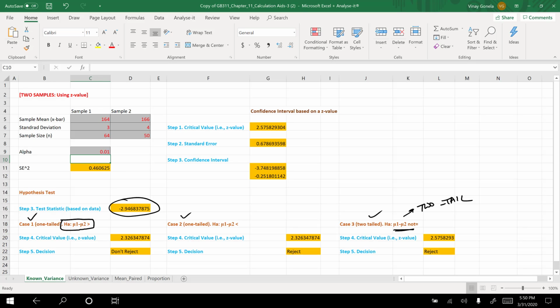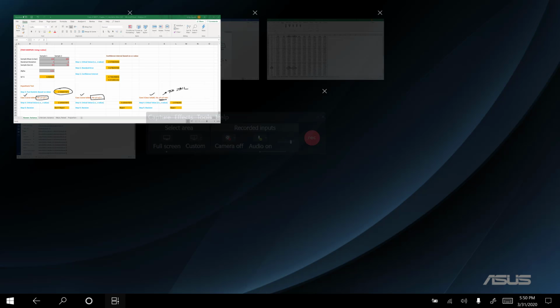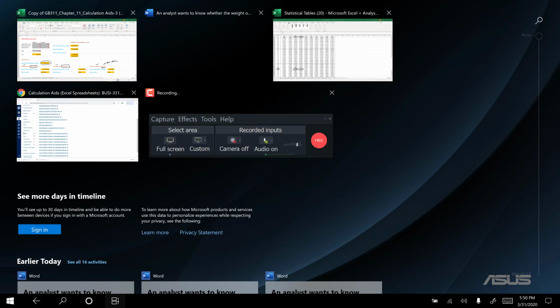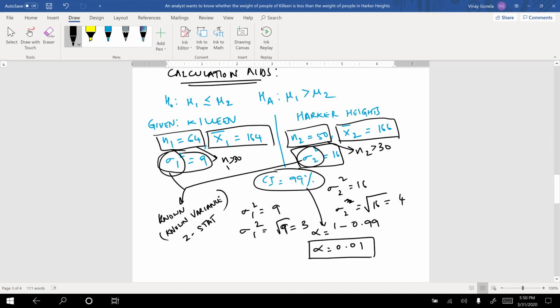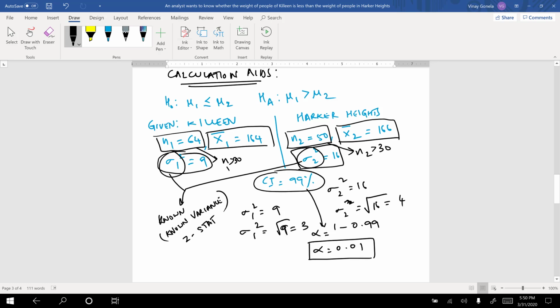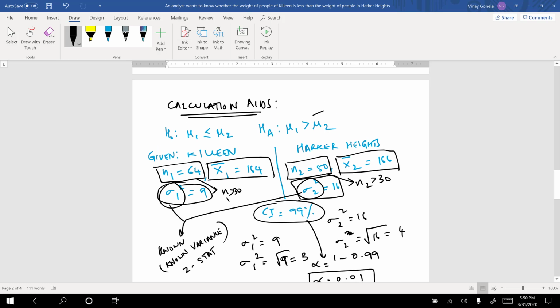This one is mu1 minus mu2 greater than, and this one is mu1 minus mu2 less than. Here I am looking at my alternative, which can be written as mu1 minus mu2 greater than 0. So that means it is greater than.